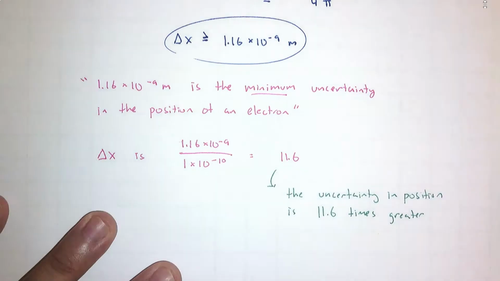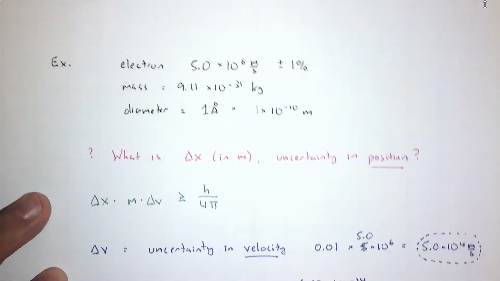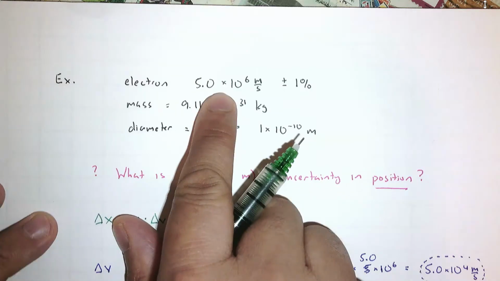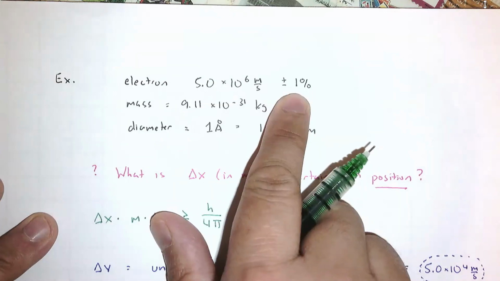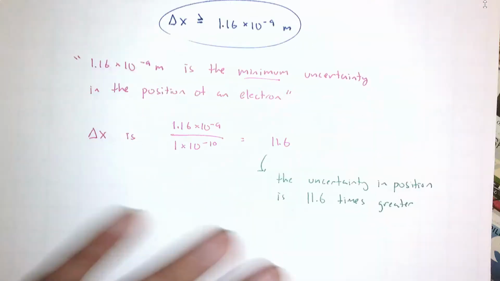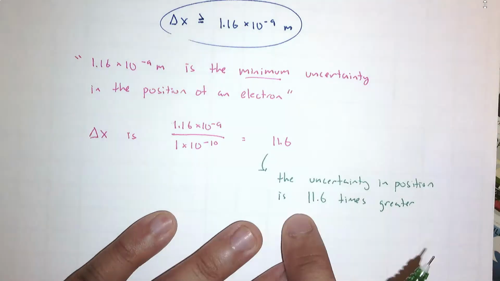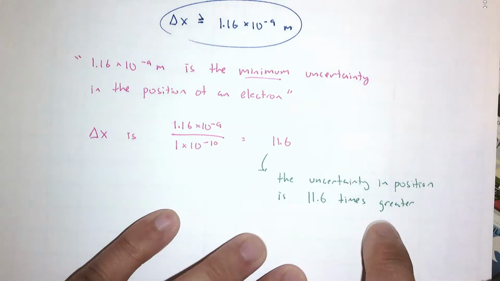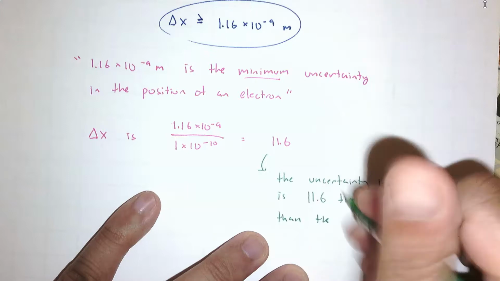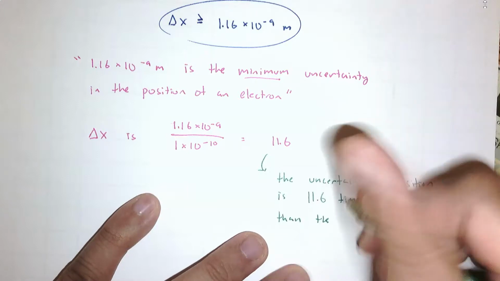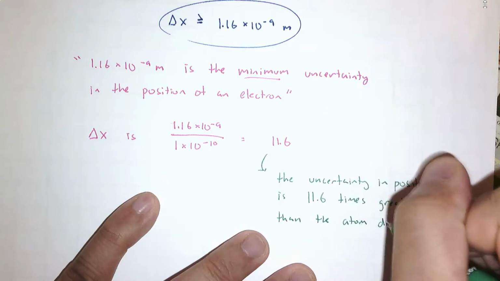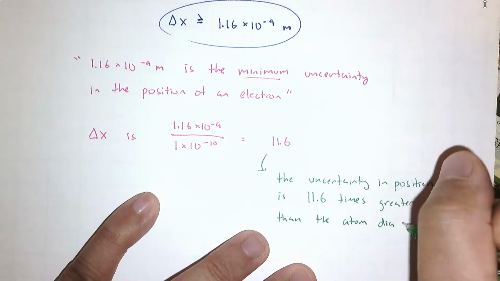When you have some certainty on the speed, or at least this uncertainty in the speed. All right, so let me finish my thought. The uncertainty in position is 11.6 times greater than the atom diameter.